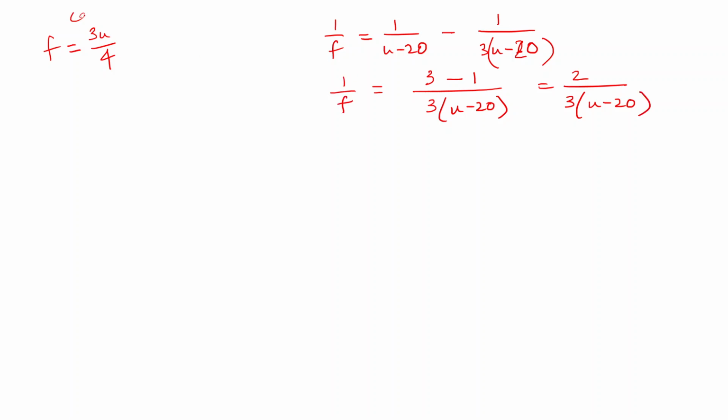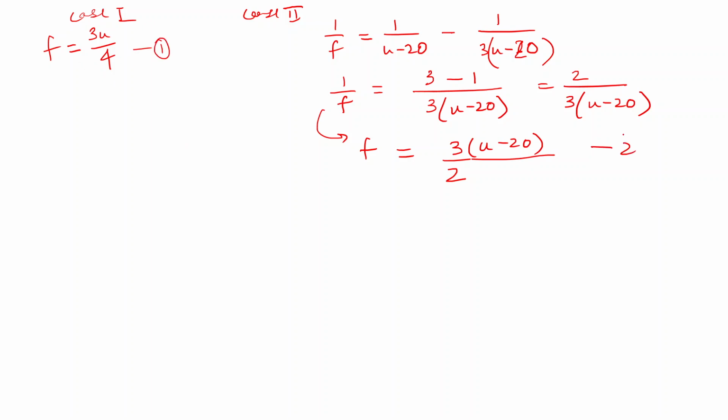This was for case 1. This is for case 2. So from this equation, the focal length will be 3 times u minus 20 divided by 2. When I equate these two values of focal length, because in the two cases the distance of object is changing, but the mirror is same, so its focal length will remain same.